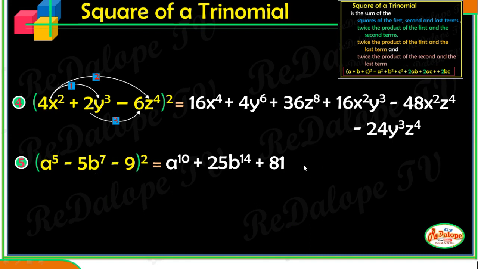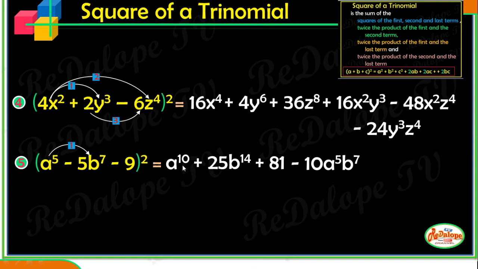Now for the fourth term, we multiply the first and the second term, then times 2. So that is 1a5 times negative 5b7, so that is negative 5a5b7 times 2, so that is negative 10a5b7.